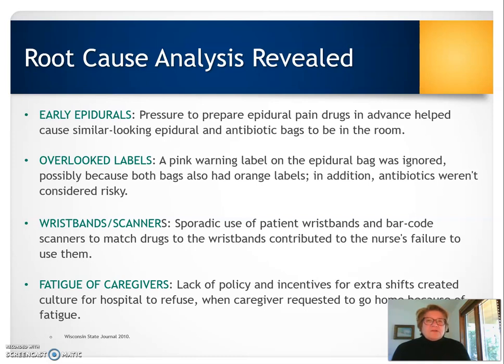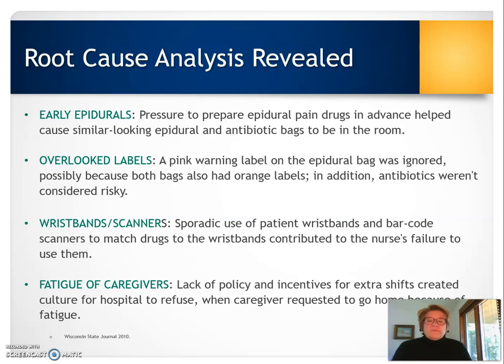If you've gone into a store to buy Diet Coke and you come back with Diet Coke with lime, and you're like, how could I, the labeling is similar, even though there might be a green thing on the lime. It's just how your mind works. It picks out the things that you think are there. There are wristband and scanner issues, and there is also fatigue of the caregivers.